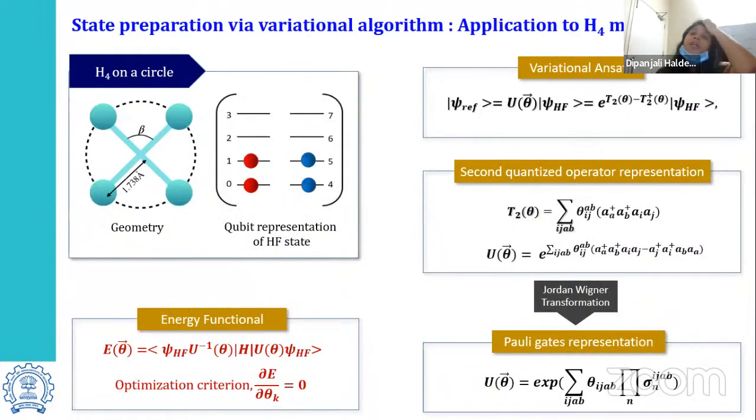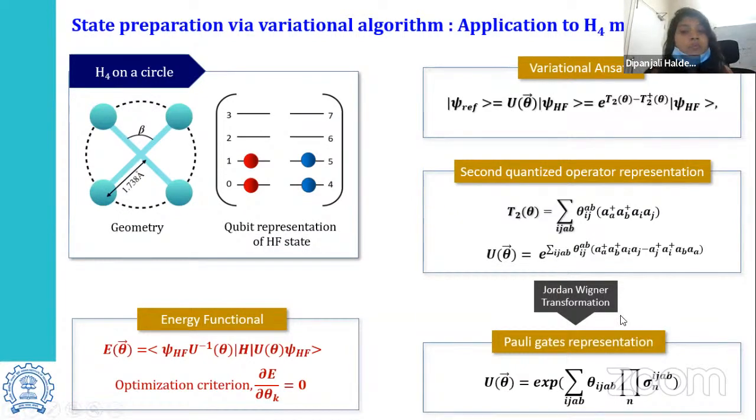For our VQE algorithm, state preparation via the VQE algorithm, we have considered a unitary operator of this form, e to the power T2 minus T2 dagger, where these T2 are nothing but two body excitation operators. So this is the unitary coupled cluster doubles operator.